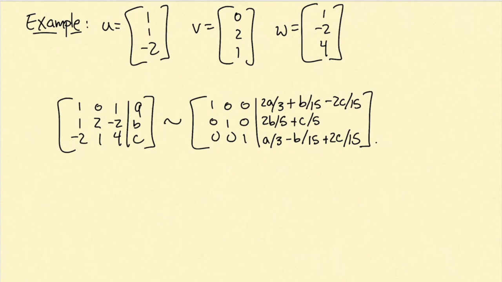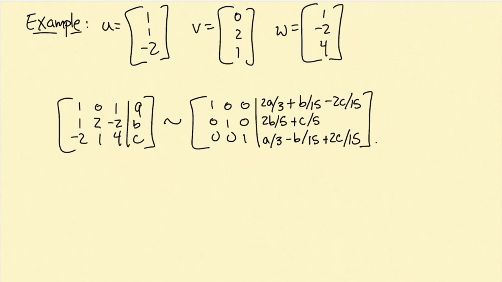So whenever this happens, where we have a pivot position in every single row of the coefficient matrix, we know that the linear system is always going to be consistent. So that says the span of these 3 vectors, u, v, and w, will be all of R3, which is another way of saying we can write every single vector that is 3-dimensional as some linear combination of u, v, and w.